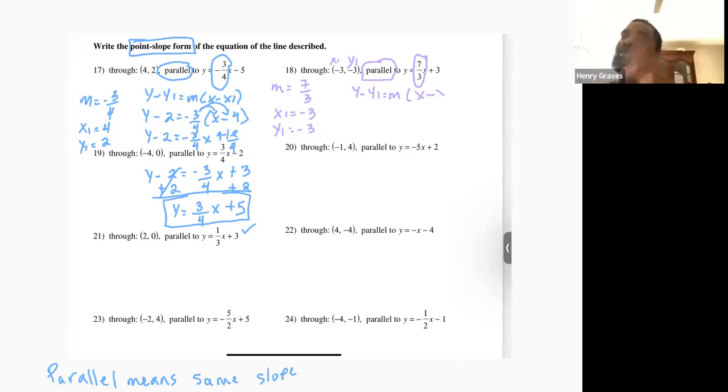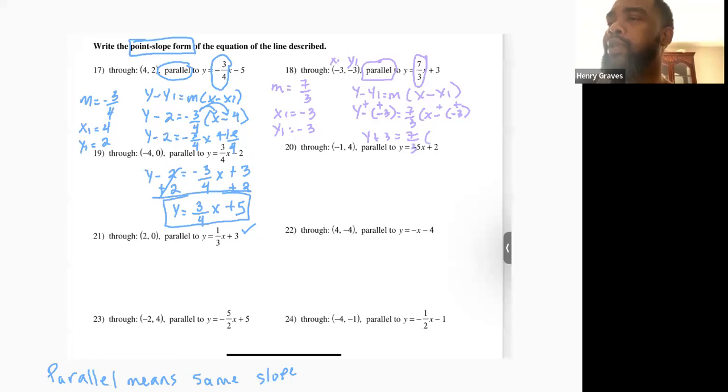See how I put it in parentheses? m is a positive 7/3. And the x1 is also negative 3. There we go. So remember, two negatives make a positive, so you're really adding the opposite, right? So that becomes y plus 3 equals 7/3 (x plus 3).